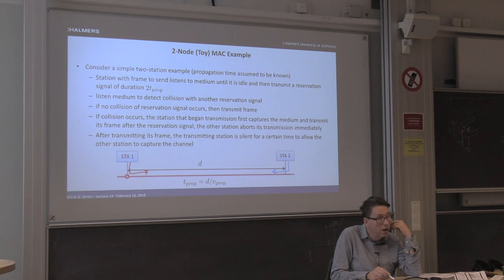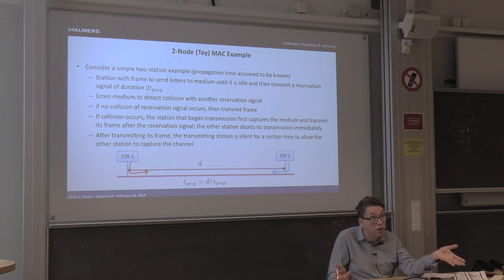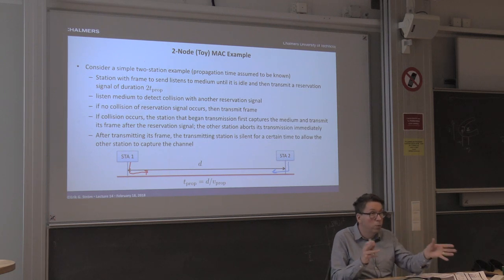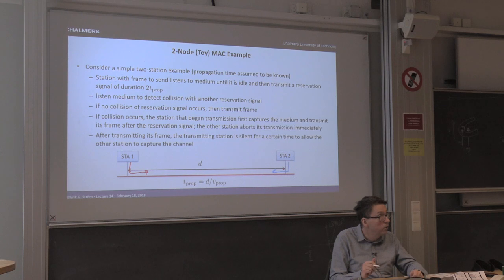At this point in time, neither station 1 nor station 2 knows that the other station has transmitted a reservation signal, because it has not reached it yet. So there might be a situation where these two things are initiated at the same time, or within a certain time interval, so that they collide.